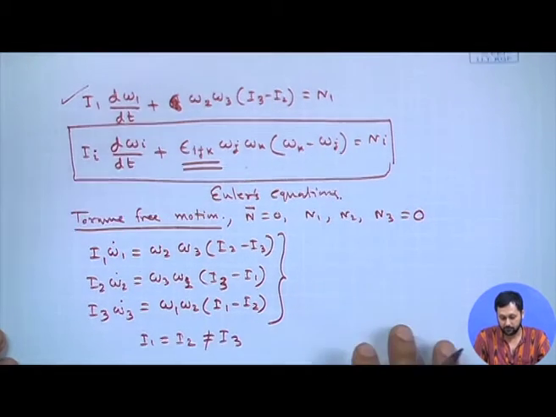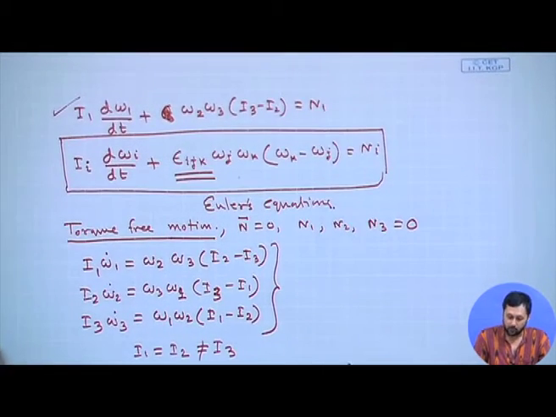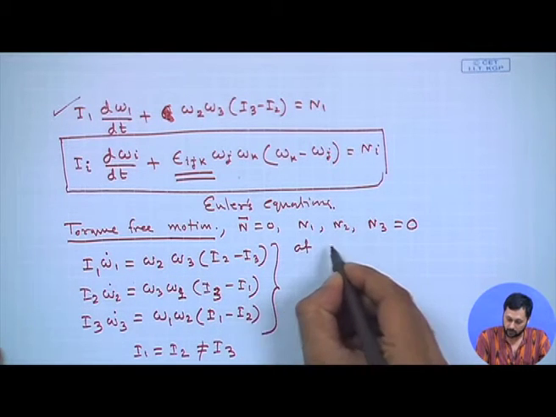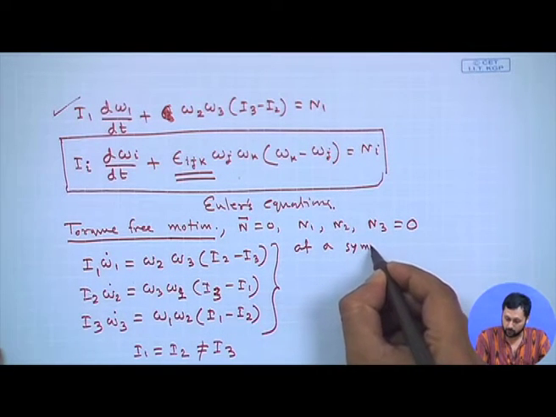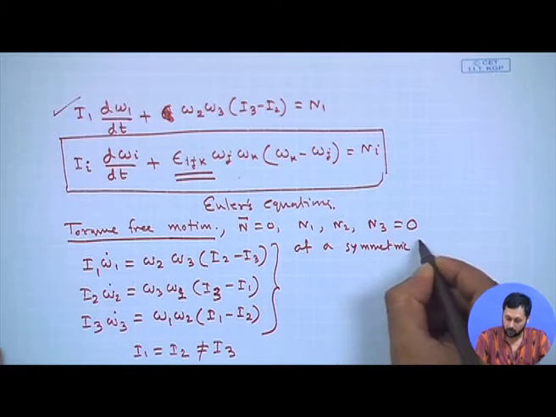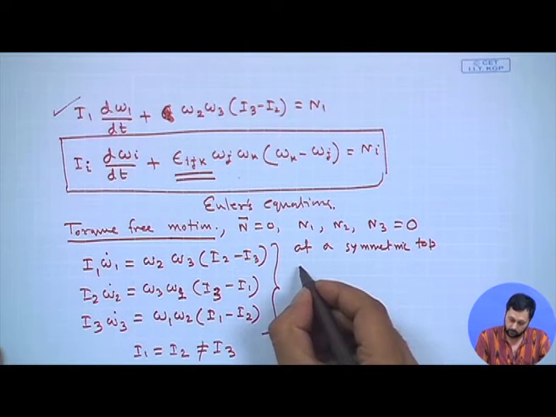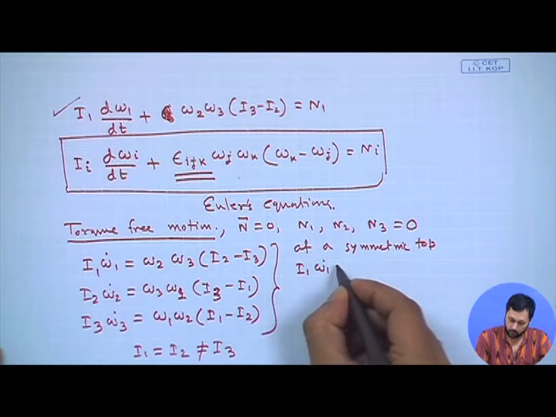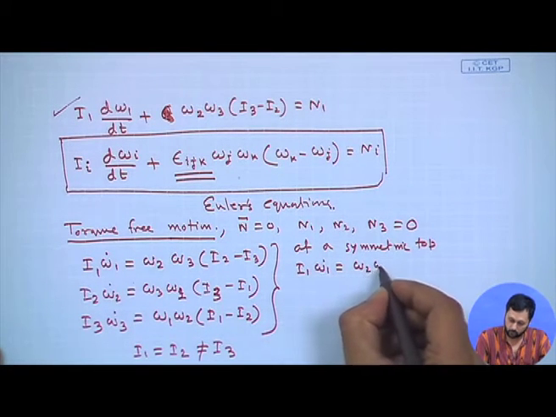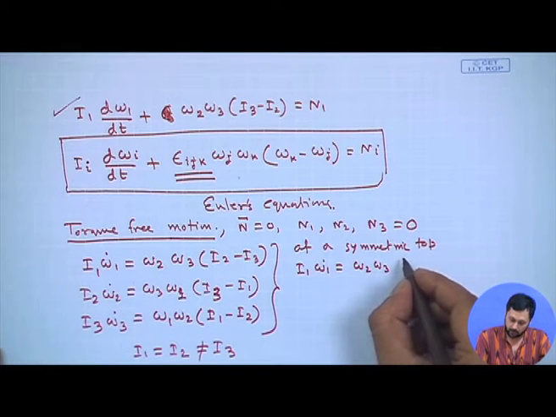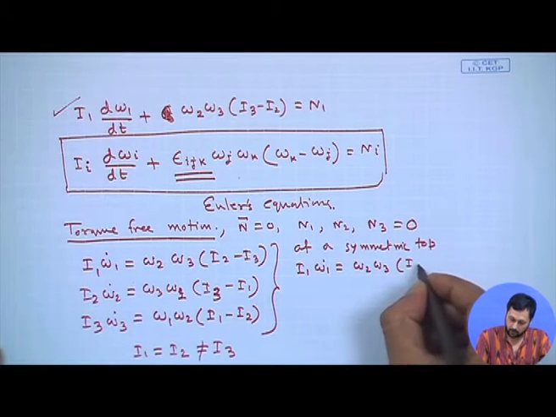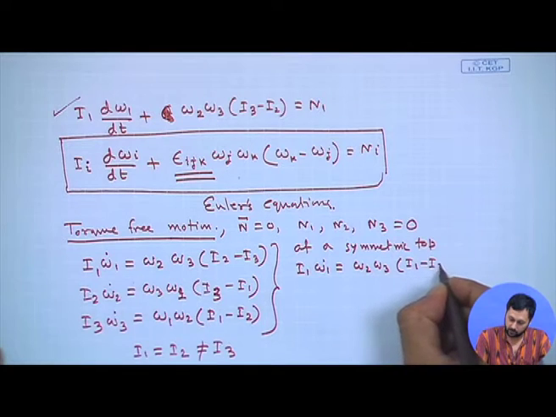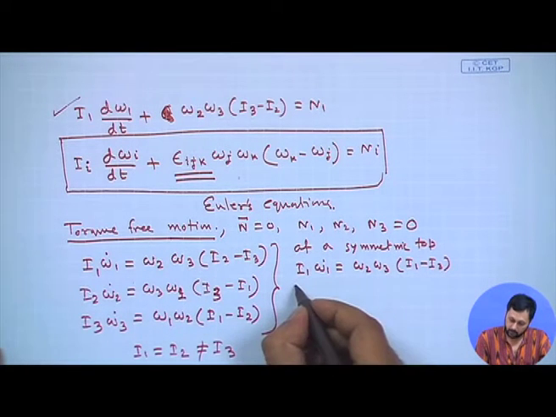Now, if we simplify these equations a little more for torque free motion of a symmetric top, then we see the equation becomes I1 omega 1 dot is equal to omega 2 omega 3 (I1 minus I3), because I1 and I2 are identical. Okay.